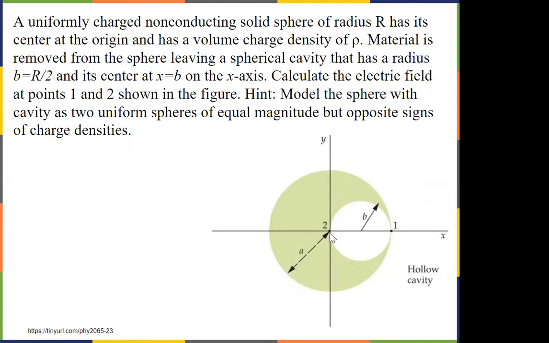It gives you a hint: model the sphere with the cavity as two uniform spheres of equal magnitude but opposite sign of charge densities. So you can imagine a sphere with charge density rho, and then a second sphere, the same sphere, but with charge density of minus rho.